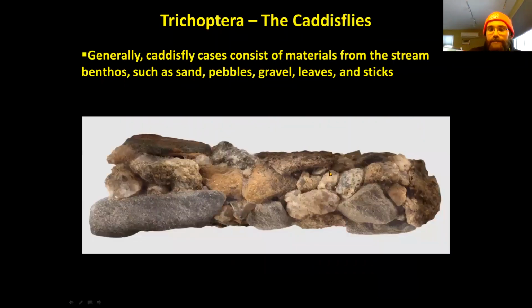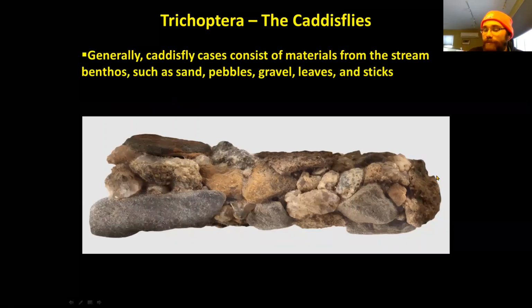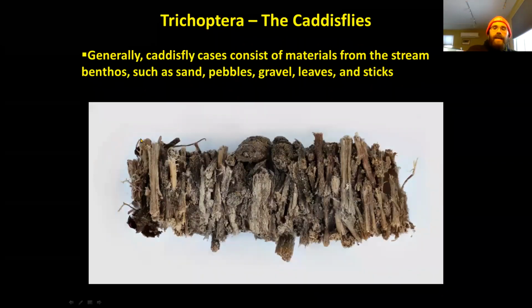Here we have a caddisfly that has made a case out of little gravel and pebbles from the stream bottom. This caddisfly ended up taking a whole bunch of sticks that were on the bottom and basically chopping them up into fine little pieces and creating what looks like a little Jenga fort of a case with that using silk.